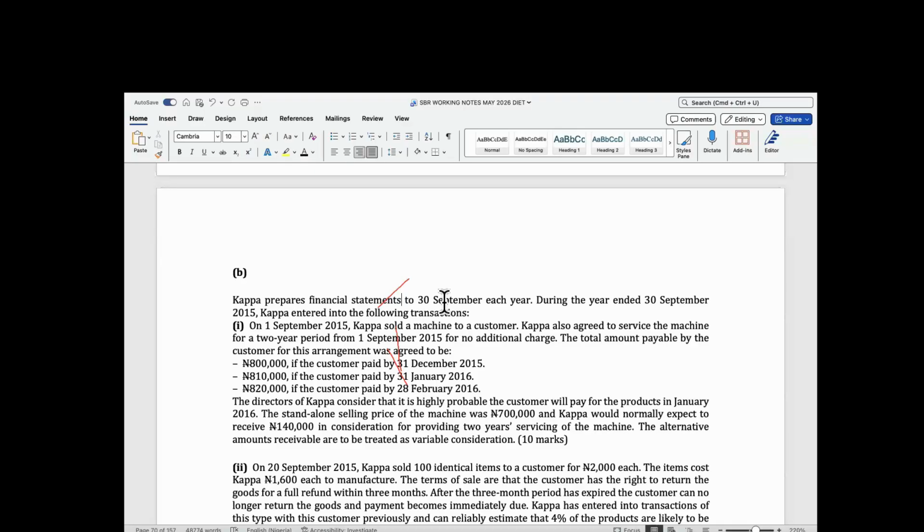Kappa also agreed to service the machine for a 2 year period from 1st September 2015 for no additional charge.